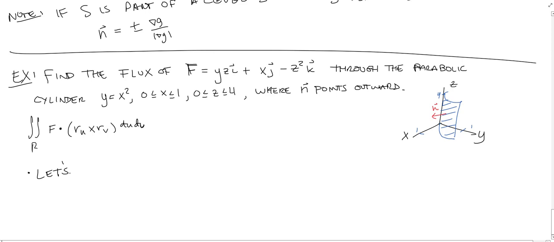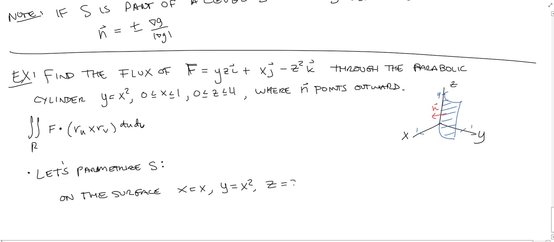We're going to parameterize our surface. So we know on the surface that x is just x, but we know that y is x squared, and then z can just be z. So we have a really nice parameterization if we just say that r is of x and z.